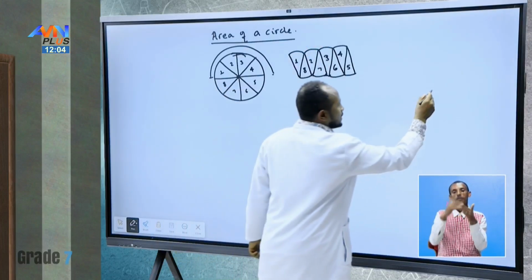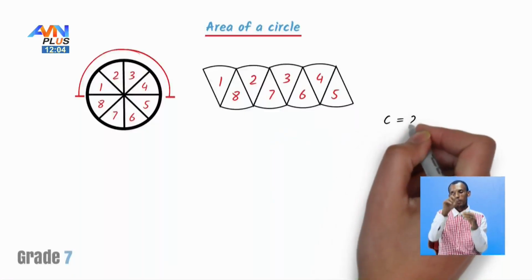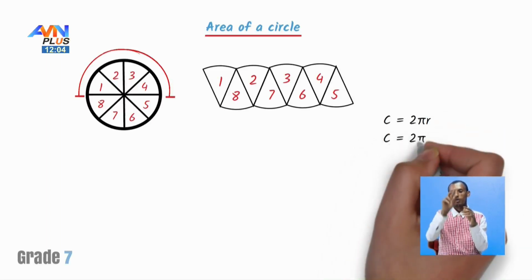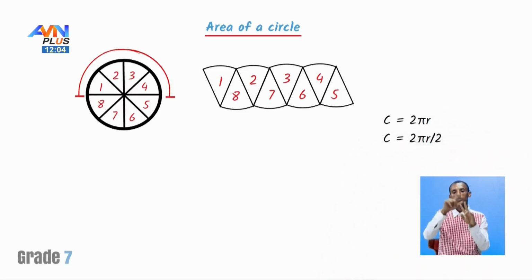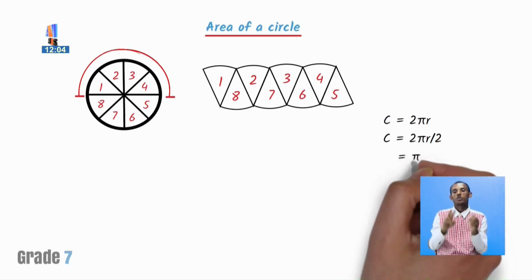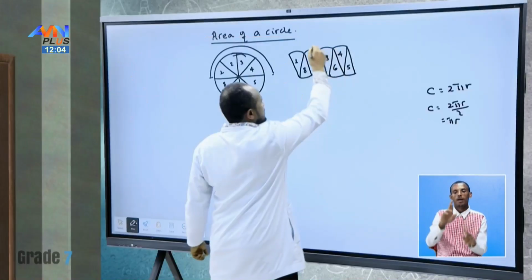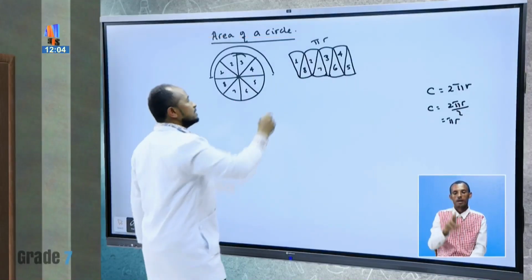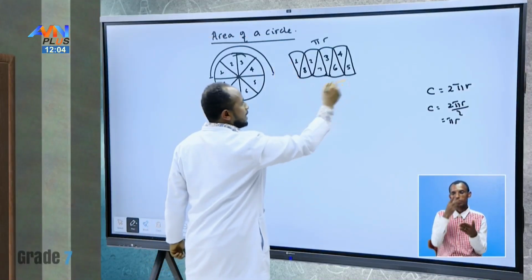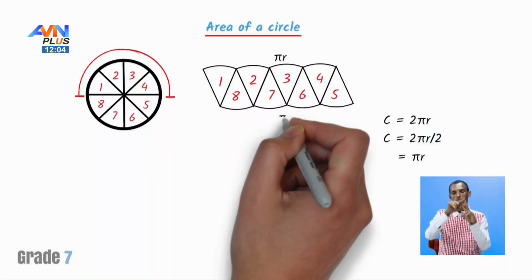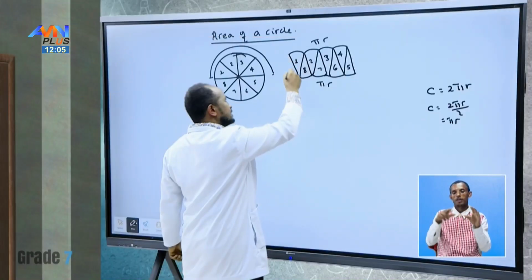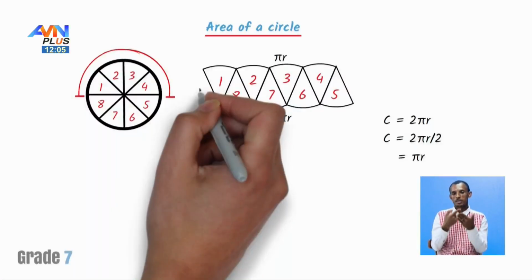We know that circumference is given by 2 pi r. Half of a circumference is 2 pi r over 2, it is pi r. So this length is pi r. And this one, as you can see, also is pi r. The lower part is also pi r. And this length is a radius.